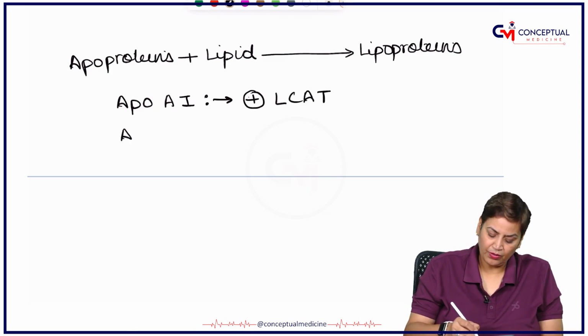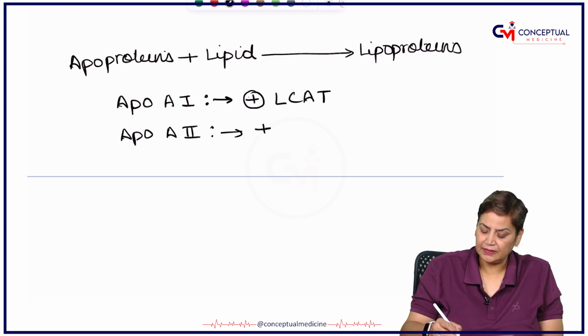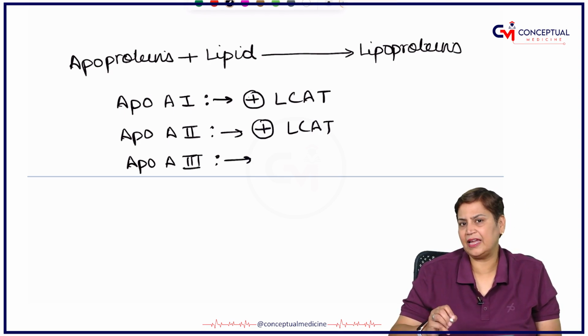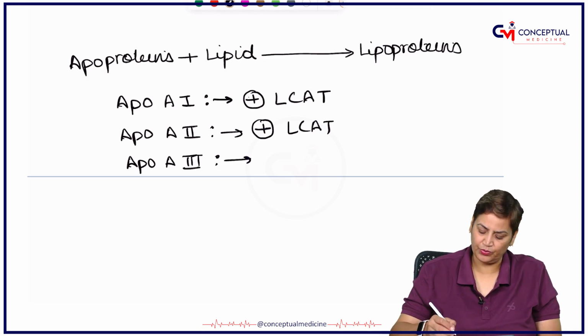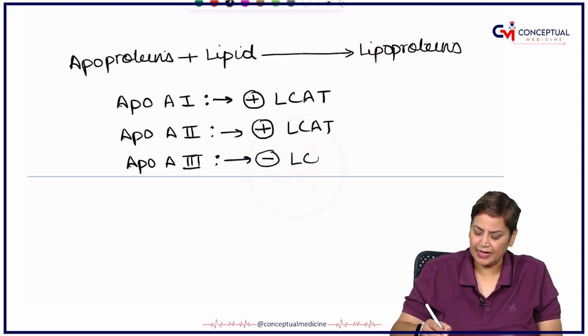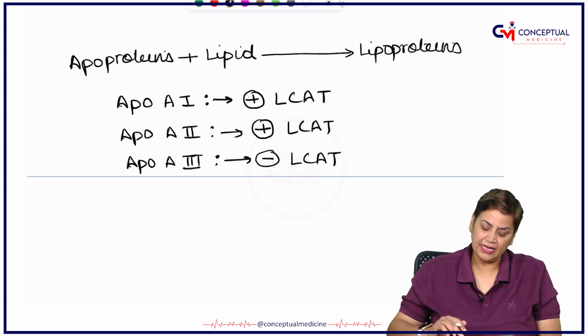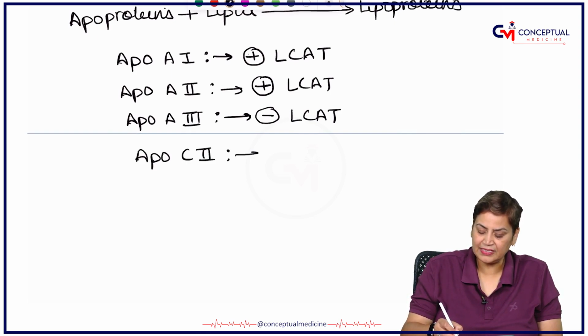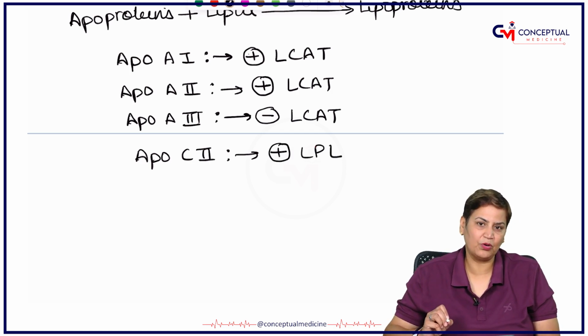Right. Apo A2 also activates LCAT. But Apo A3 inhibits LCAT, because wherever there is an activator, there has to be an inhibitor also present. Then Apo C1 or C2: Apo C2, we know, always activates LPL. This also is very, very important.